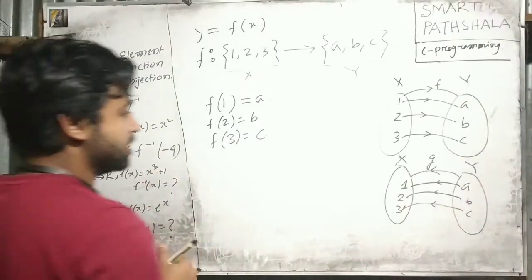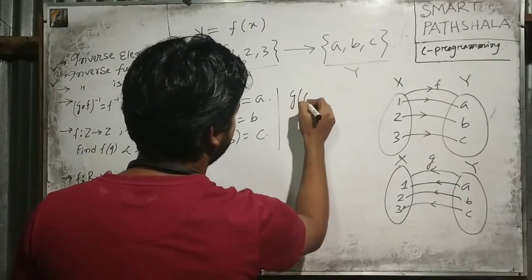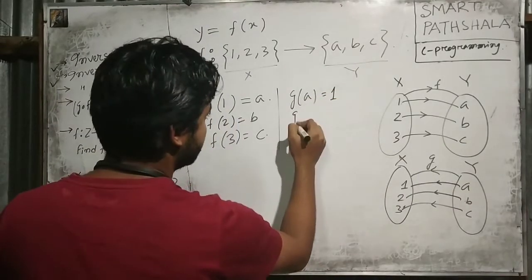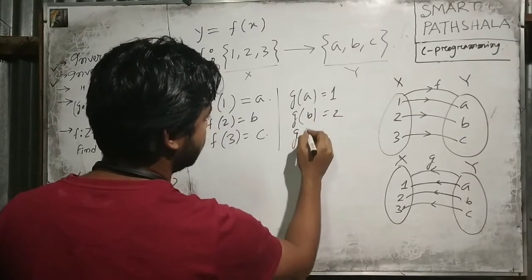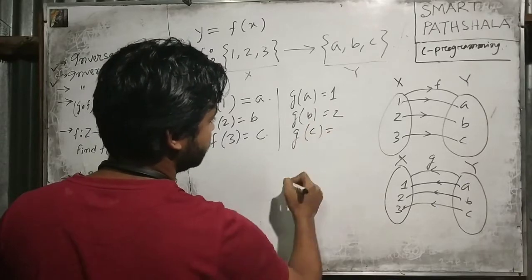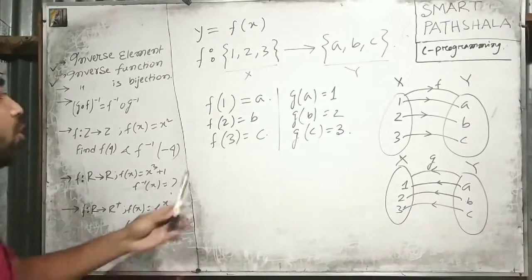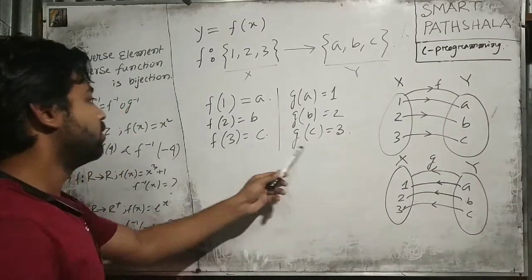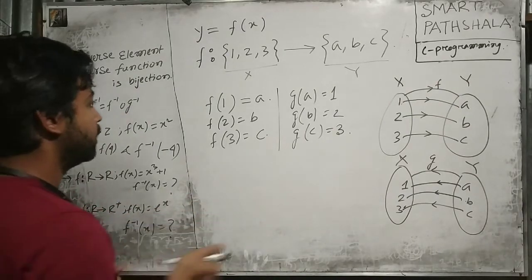An interesting thing is that g of A is 1, g of B is 2, g of C is 3. Now by looking at these six function elements, images and pre-images, we can conclude the following.